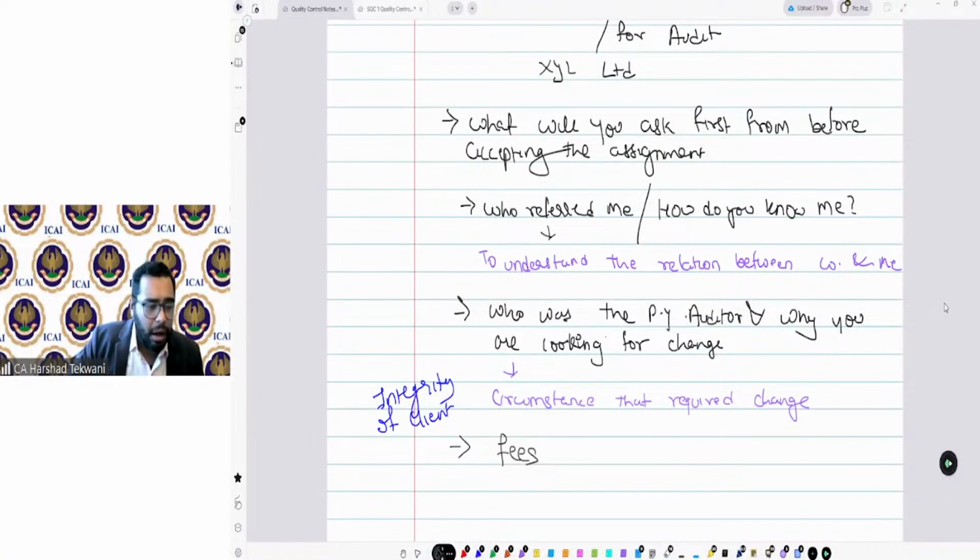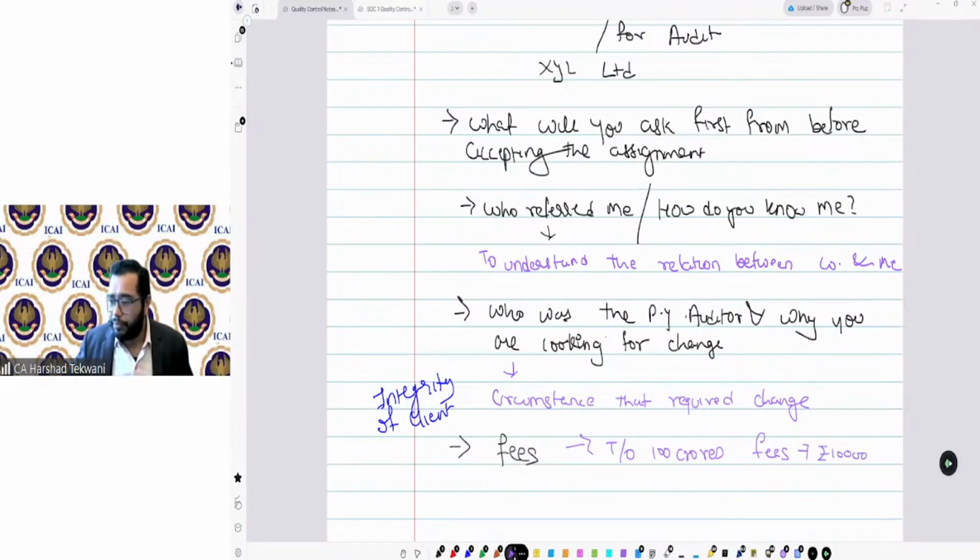Let's say a hypothetical example, turnover 100 crores and fees 10,000 rupees for statutory audit. Frankly, will you accept?